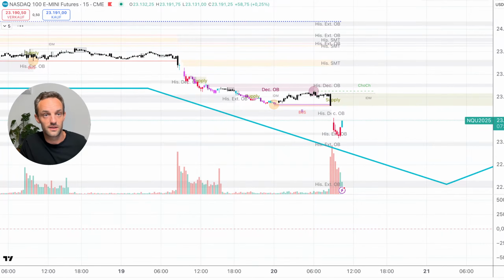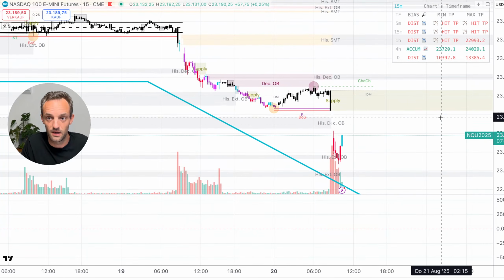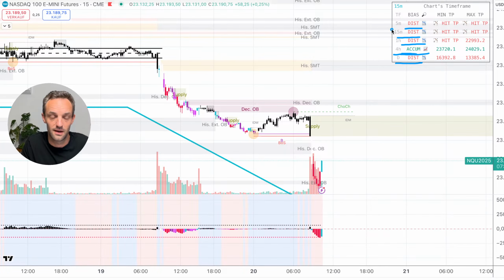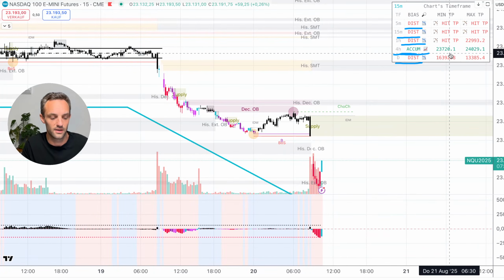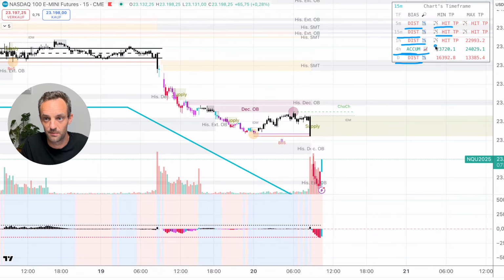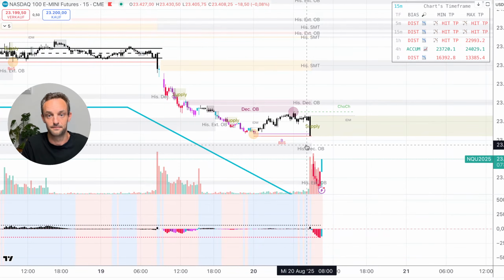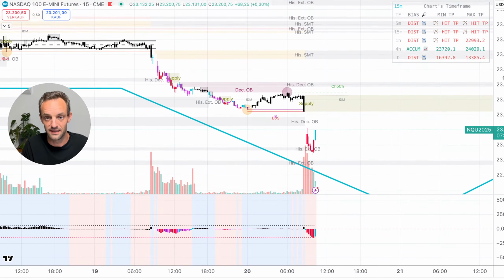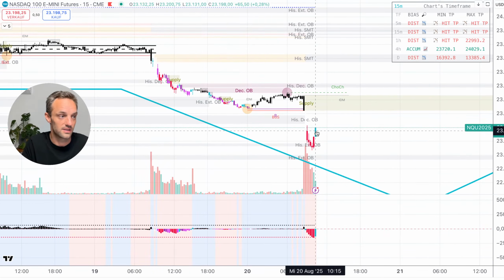You can see also all these things, what I say, always in this overview screen at the top. Only the 4 hour chart is an accumulation. All the other time frames are in distribution phase, so in short, and they hit their profit target already. Doesn't mean that it cannot continue to the downside.